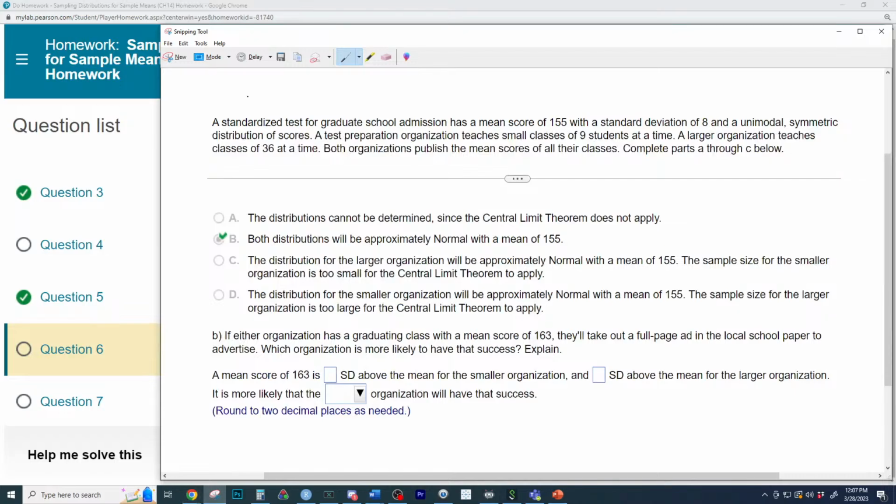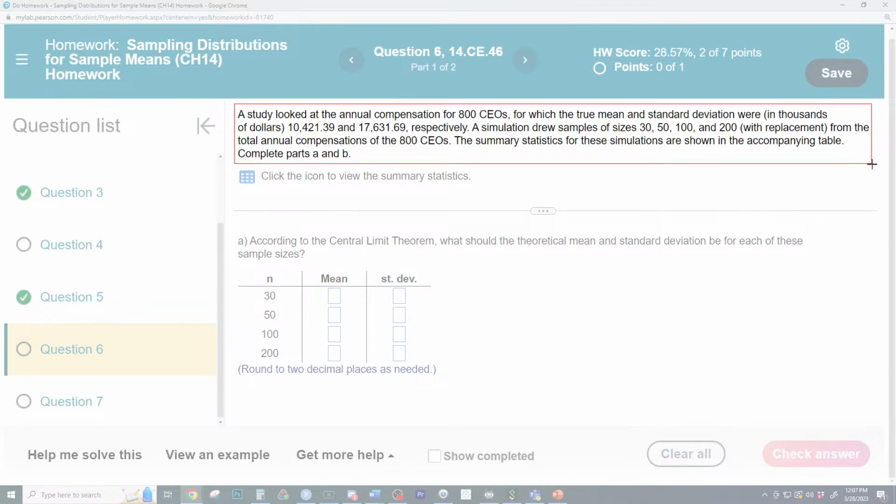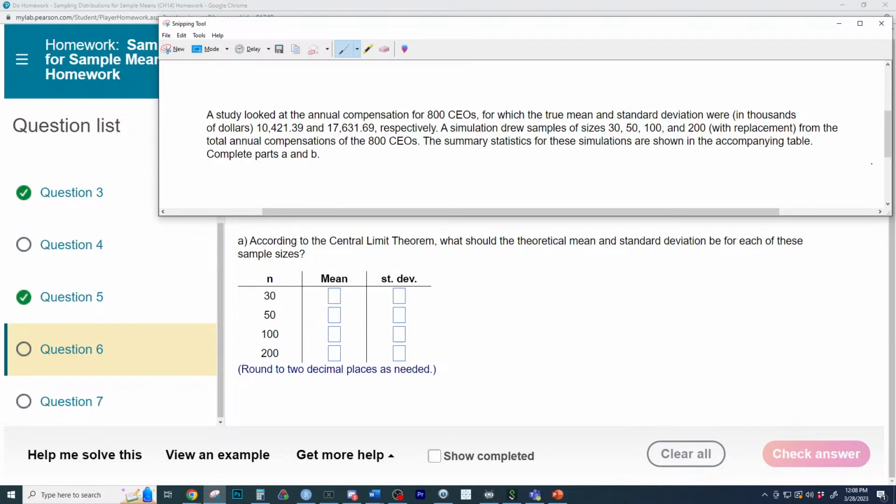And so if we mark our notation right here, we have here mu, and we have here sigma. And, oh, then they're doing different sample sizes here.